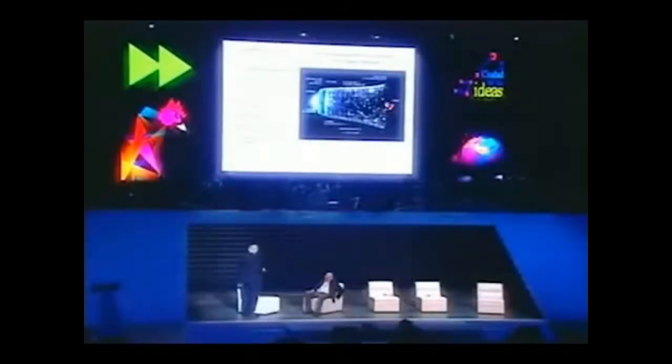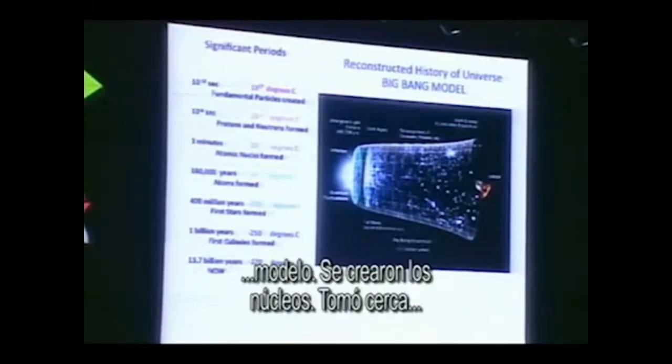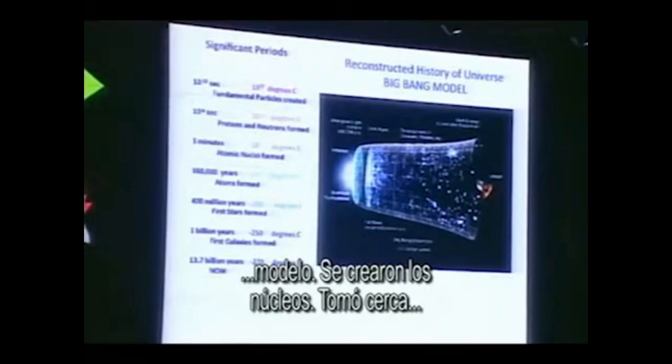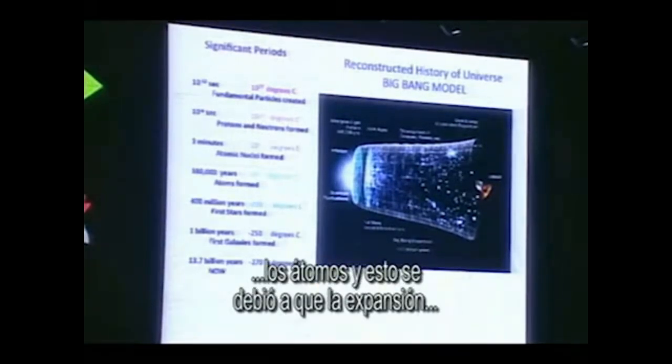And after about a millionth of a second, protons and neutrons formed. And after about 3 minutes, supposedly, according to this model, nuclei formed. It took about 380,000 years for atoms to form. And the reason for this is because the universe, as it was expanding, was cooling down very rapidly.